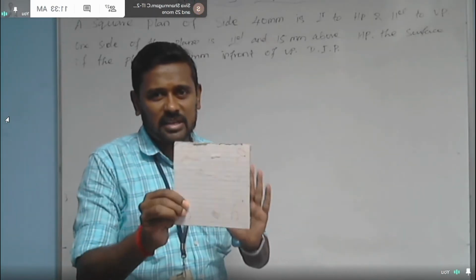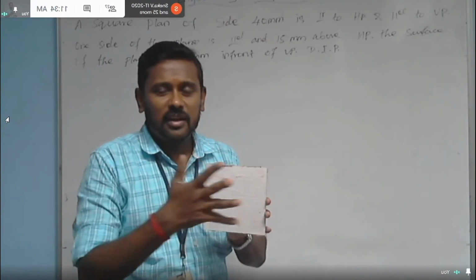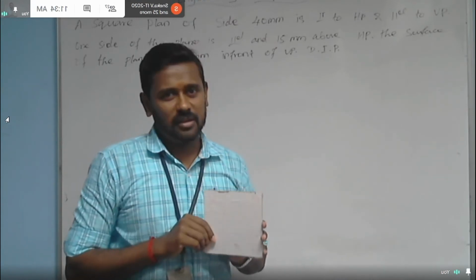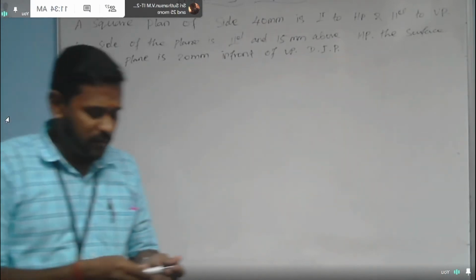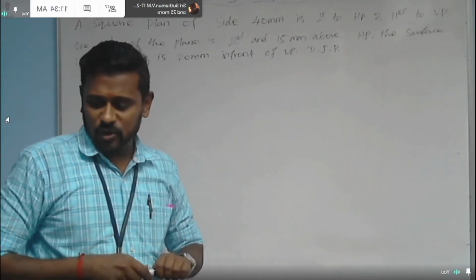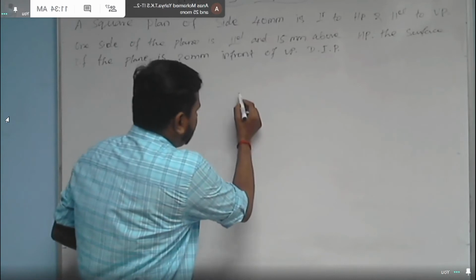So in this condition, you need to draw the front view and the top view of the plane. Before getting to the XY environment, let's see how the environment actually is.